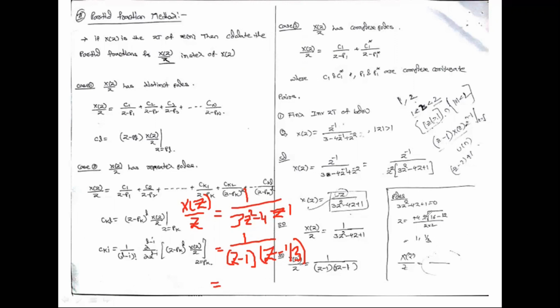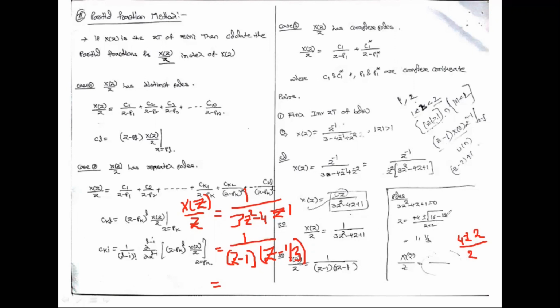First of all, you can see the minus 4 plus or minus 1 whole square, b square is 16 minus 4ac. 4a is 12, so 16 minus 12 is 4. Minus b is plus 4 here. The 4 plus or minus square root of 4 is 2.